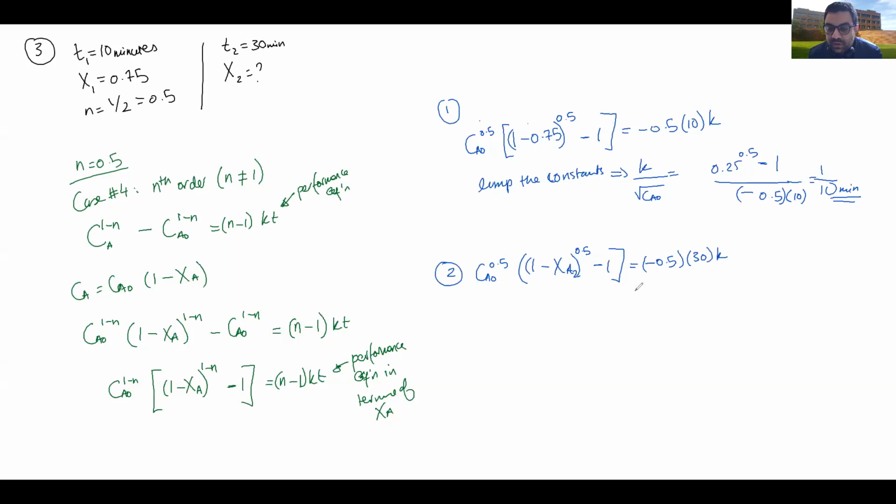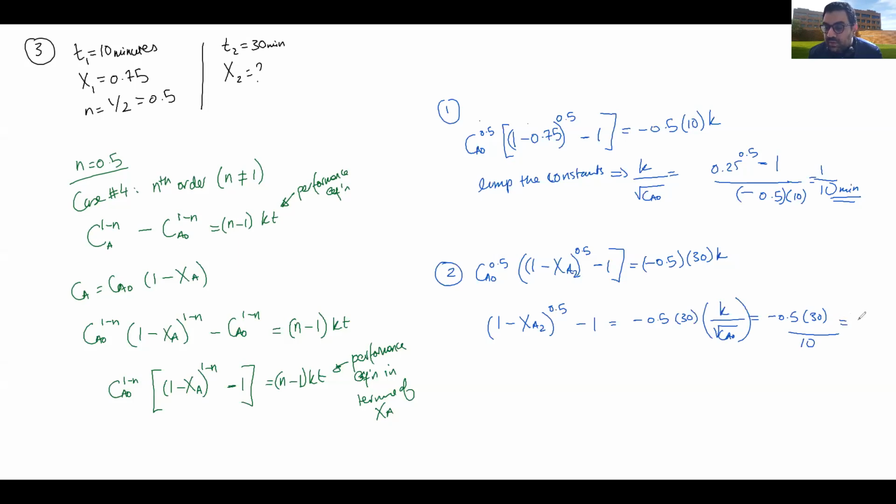So I'm going to move the CA naught to the other side. So I get 1 minus xa2 to the power 0.5, minus 1, is equal to minus 0.5 into 30 into k over square root of CA naught, and k over square root of CA naught, we already have it right here. And this will be equal to minus 0.5 multiplied by 30 divided by 10.